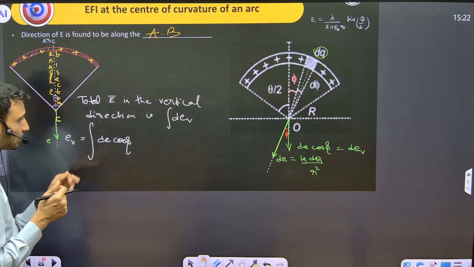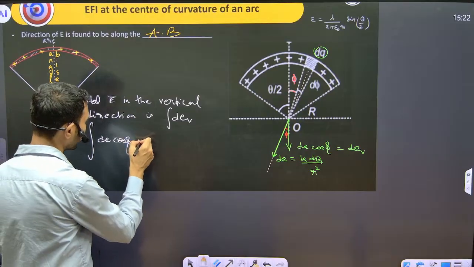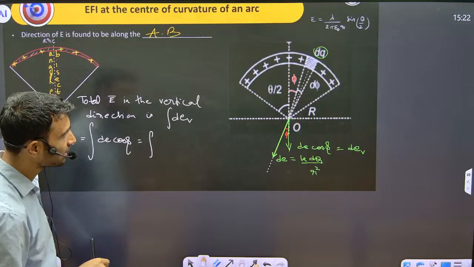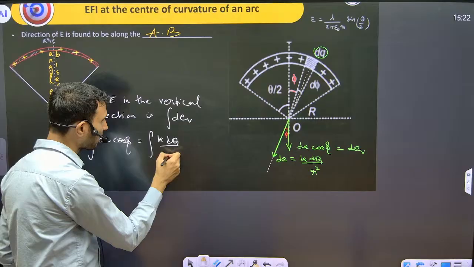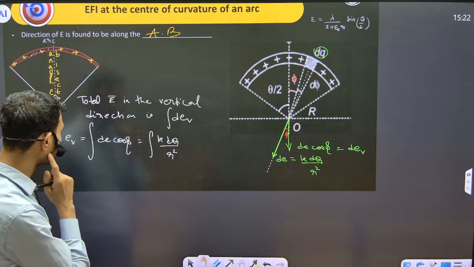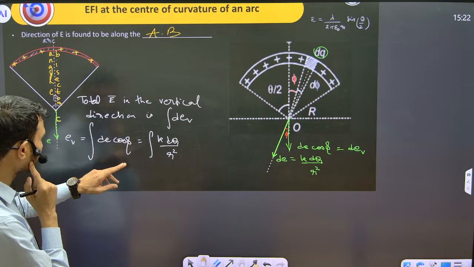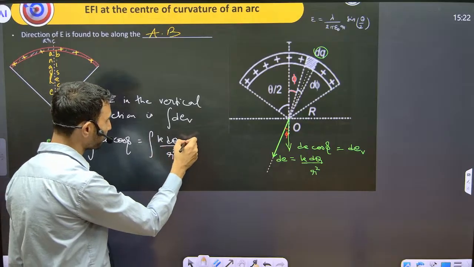Integral dEv. Let's integrate it. For that, I need dE. What is dE, guys? Well, dE is k dq by r square into cos phi, you know.